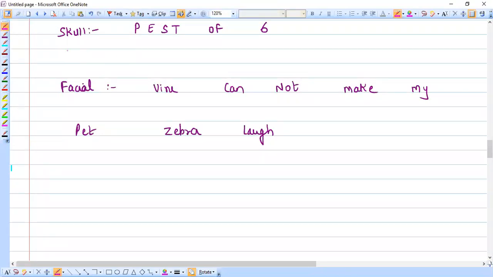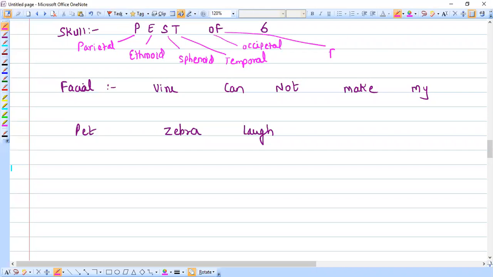So what I can say, PEST of 6, P stands for parietal bone, E stands for ethmoid bone, S stands for sphenoid bone, T stands for temporal bone, O stands for occipital bone, and the F basically stands for frontal bone.